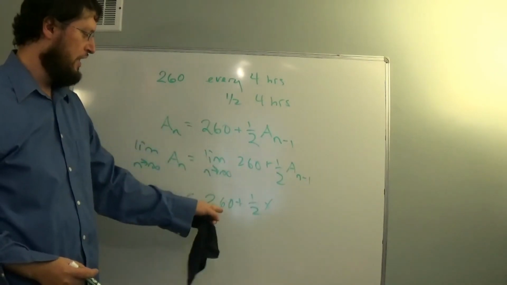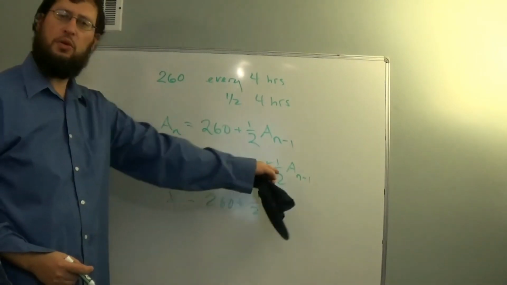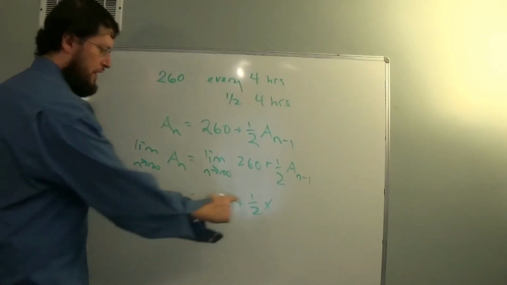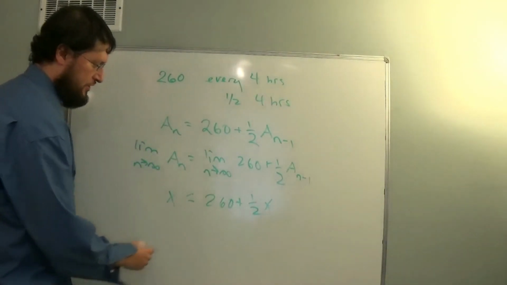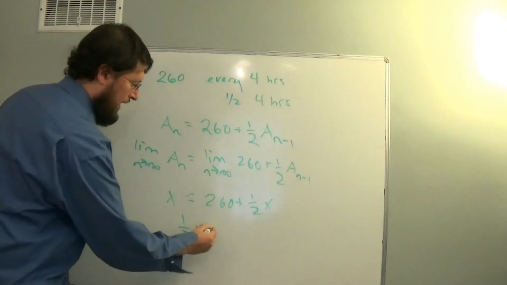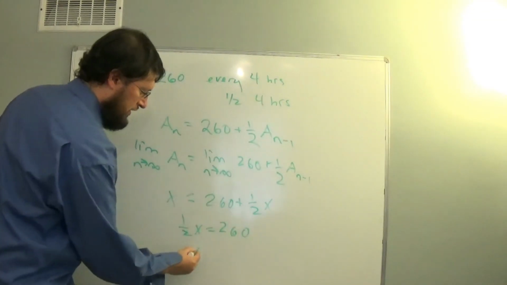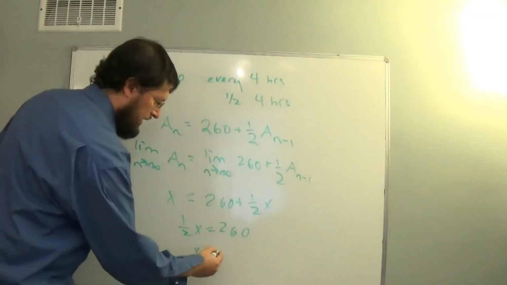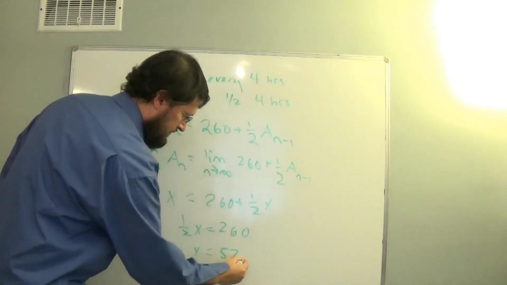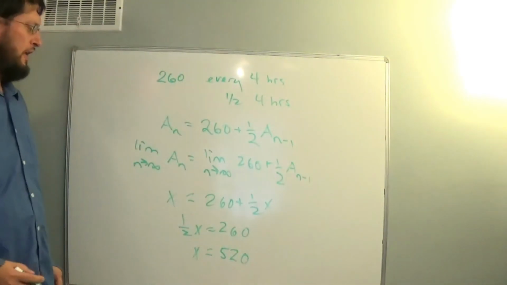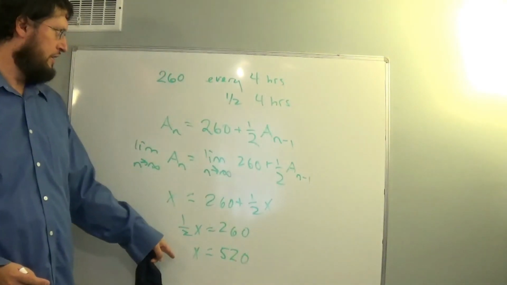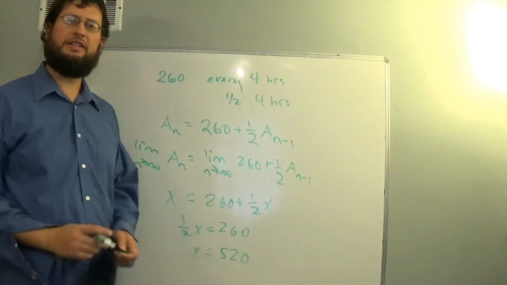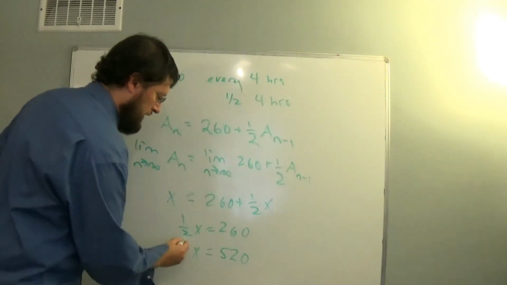The limit of 260 is 260, and the 1/2 also comes out front. If we bring this over to the left by subtracting 1/2 x from both sides, I get 1/2 x is 260, multiplied by 2, and I get 520. And this is the limit, the long-term steady state amount of drug that will be in the body.